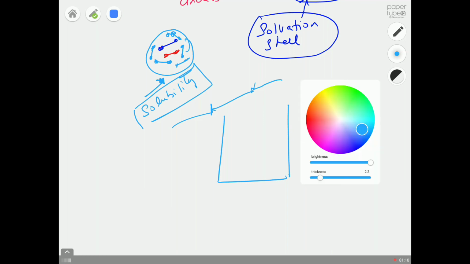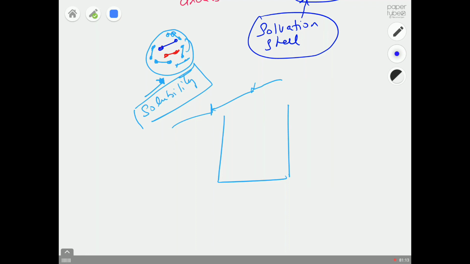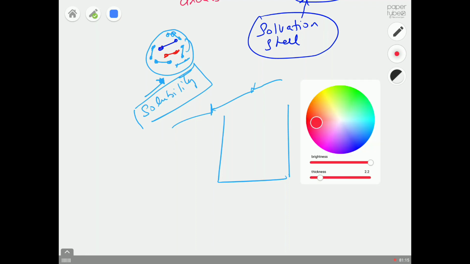So this is your API compound. Now we are at something like a supersaturated state, which means we have API molecules in excess of your solubility concentration, and obviously the solvent will try to make a solvation shell around some of these molecules.